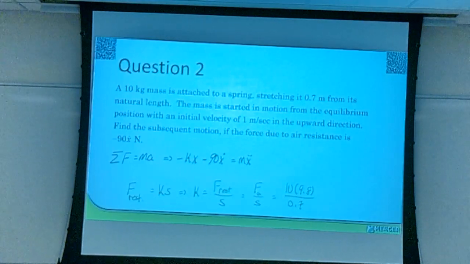What's 100 times 9.8? 980. What's 980 divided by 7? 140. And that should be in Newtons per meter. There's your spring constant.